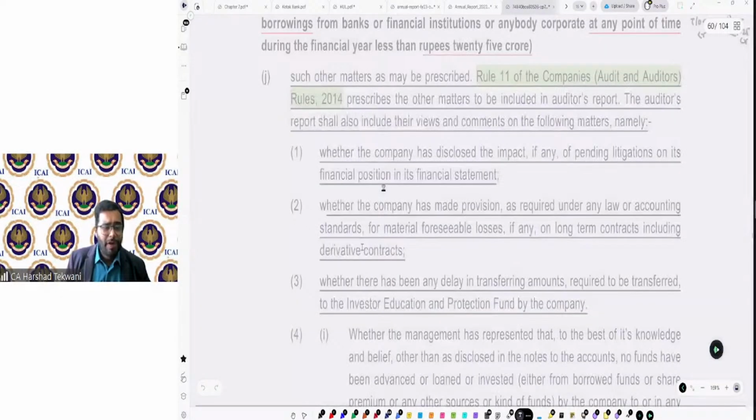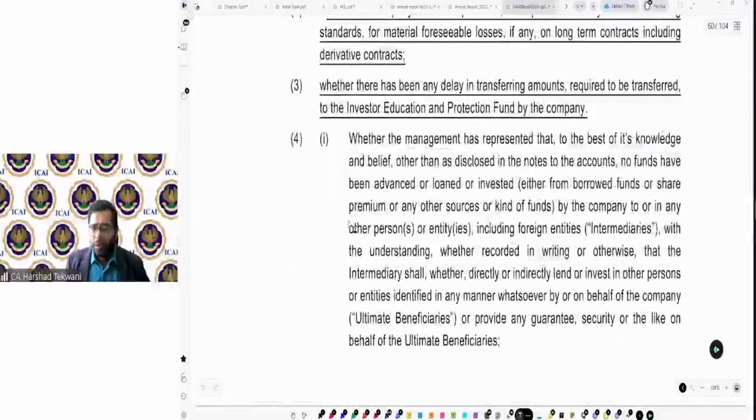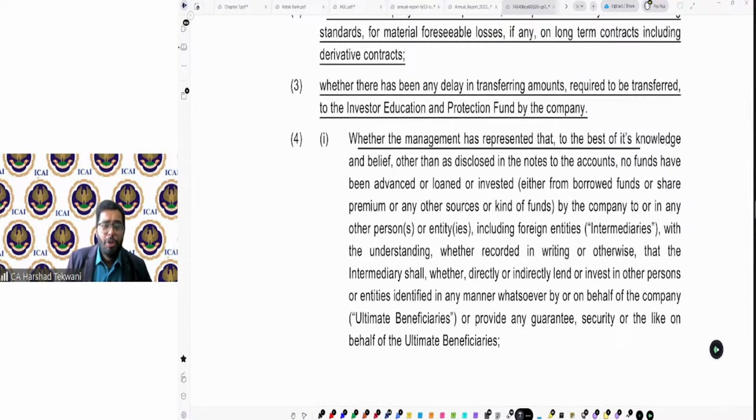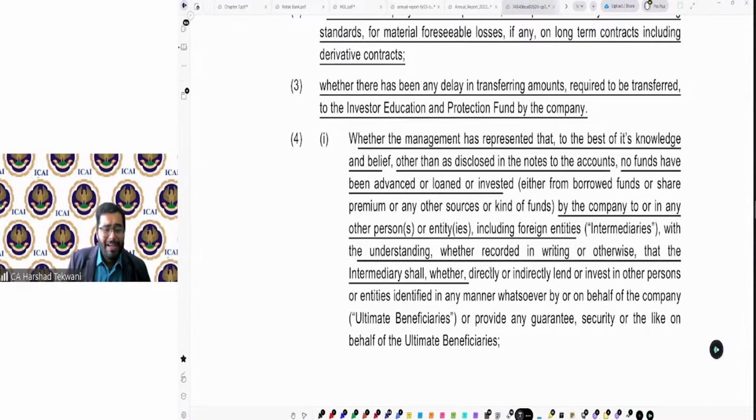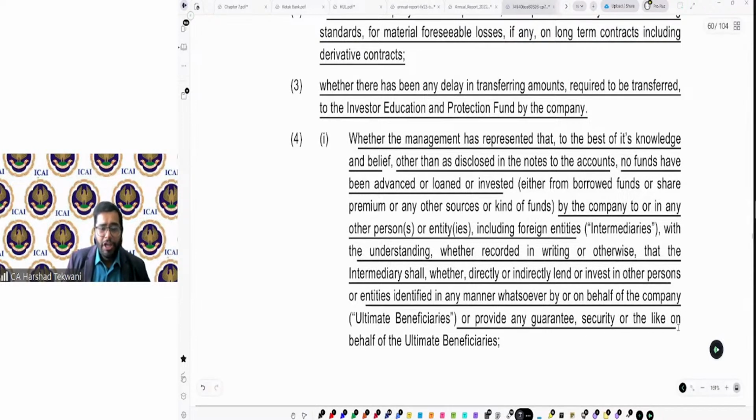Then these are the additional points which were later added to Rule 11, which is whether the management has represented it to the best of its knowledge and belief that other than the disclosed in the notes of accounts that no funds have been advanced or loan or invested by the company to or in any other person or entity, including foreign entities, with the understanding whether recorded in writing or otherwise that the intermediary, whether directly or indirectly, lend or invest in other person or entities identified in a manner whatsoever on behalf of the company, or provide any guarantee, security, or like on behalf of the ultimate beneficiaries.